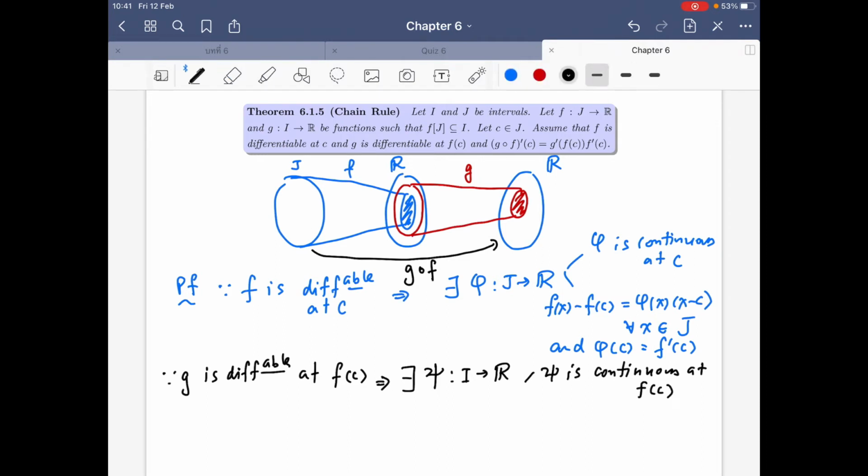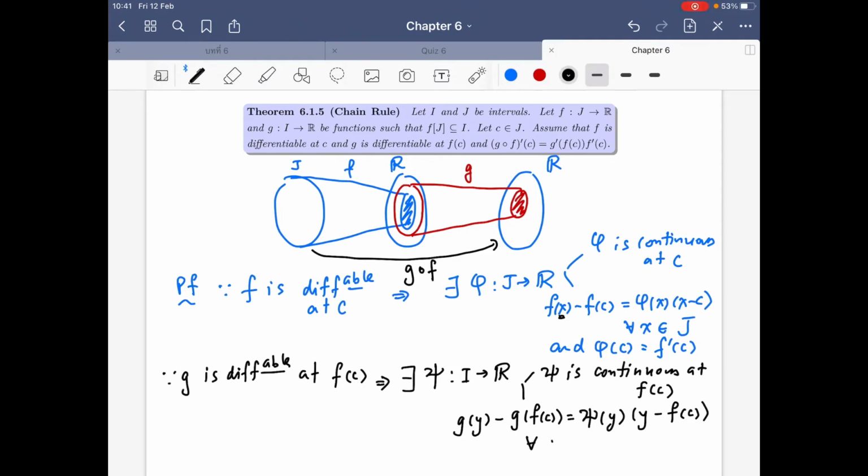Let's say we should have g at x. However, instead of using the same parameter x, we use g of y, and then g at this differentiable point will be equal to psi of y times y minus the point of differentiability.